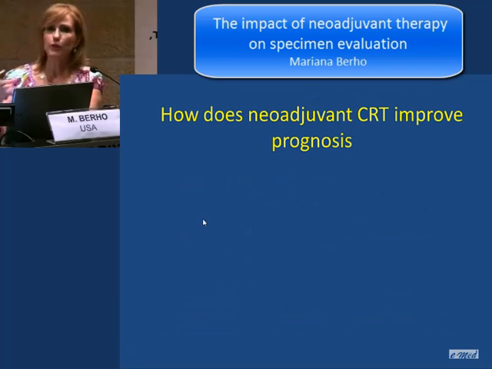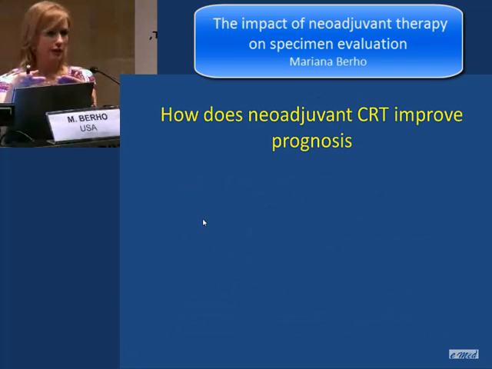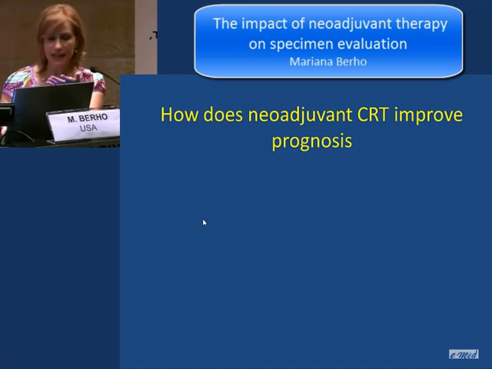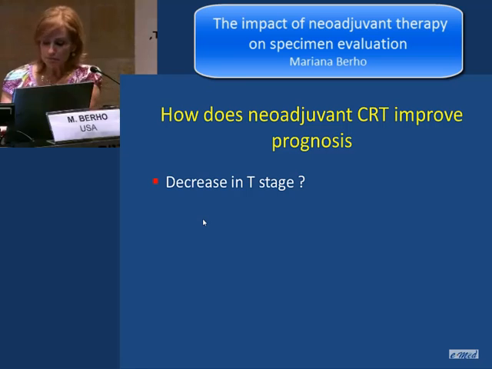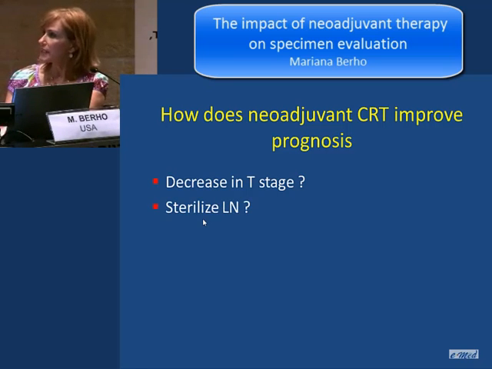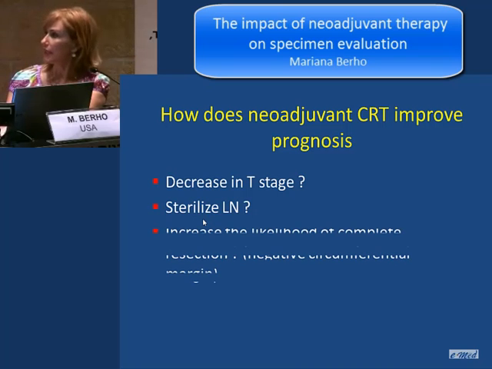Now, when we give the patient with advanced rectal cancer neoadjuvant chemoradiation, how does that work? Is it a decrease in T stage, so downstaging of the tumor, or is it that neoadjuvant chemoradiation sterilizes the lymph nodes that were positive before and now they're going to be negative?